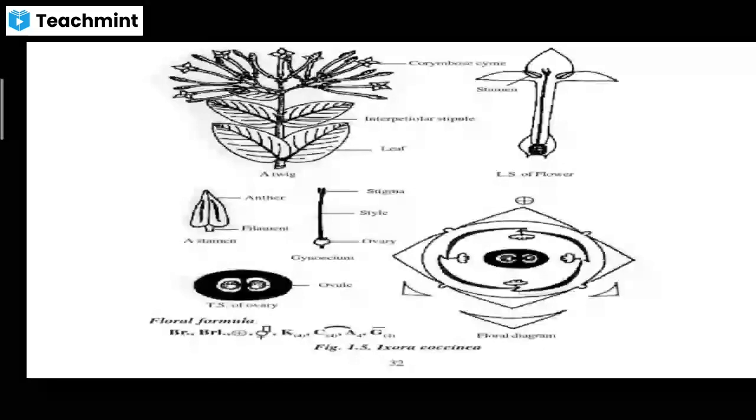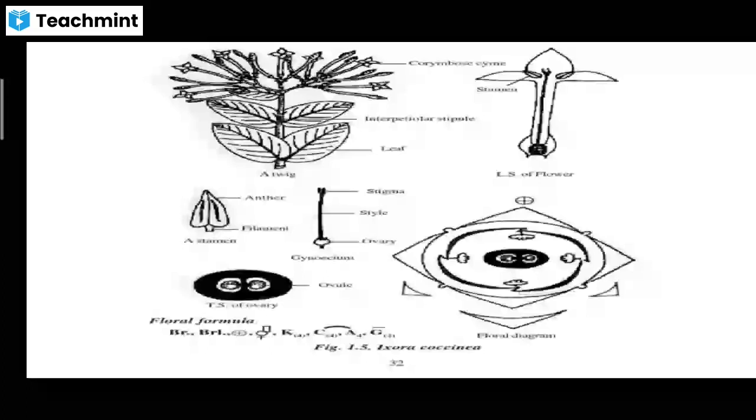Then in the stamens there are short filaments and anthers. The gynoecium contains the ovary, style and stigma. The TS of the ovary shows axile placentation in which two locules are there because of bicarpellary condition, and they contain many ovules.